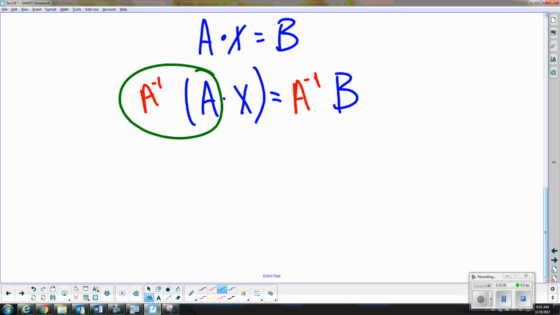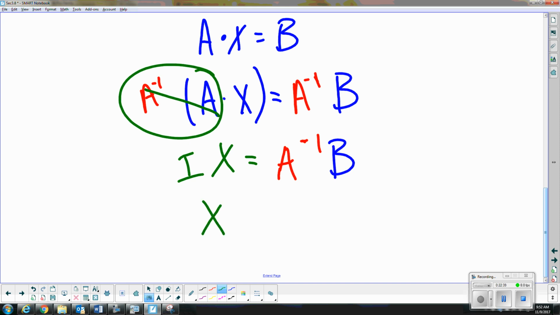So A to the negative 1 times A, that's the identity matrix. So it's like 1. It's nothing, so this cancels out. It's just like 1 times X. So it would give us the identity times X equals A to the negative 1 times B. The identity times X is just X. So our X equals the inverse of A times B.